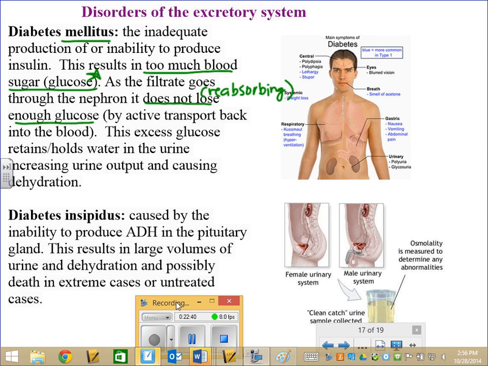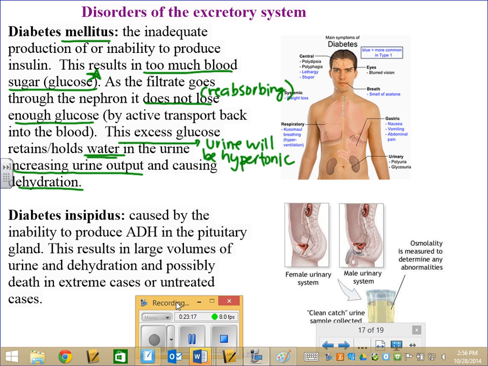Since now there'll be lots of glucose left in the filtrate, it will hold water in the urine because now urine will be the hypertonic substance. Normally, all of the glucose gets reabsorbed, and the urine is not hypertonic. It's less concentrated than its environment. But in this case, the urine would be hypertonic, and water always stays where the concentration is higher. The result is increased urine output and definitely dehydration.